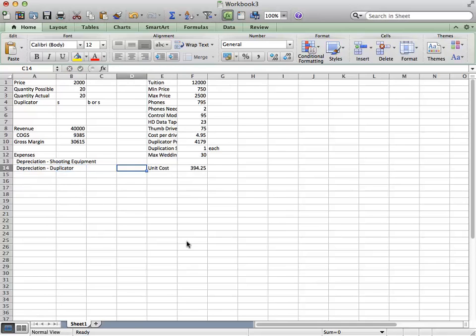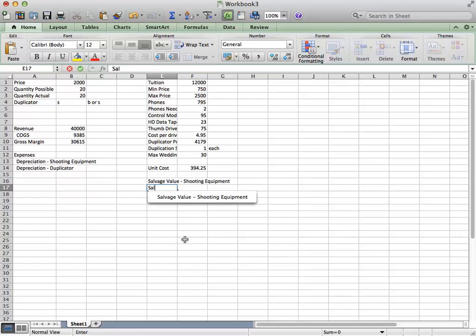And in order to figure out depreciation, I'm going to need some information. So we're going to say salvage value for the shooting equipment and salvage value for the duplicator. And then we have useful life of the shooting equipment and useful life of the duplicator.